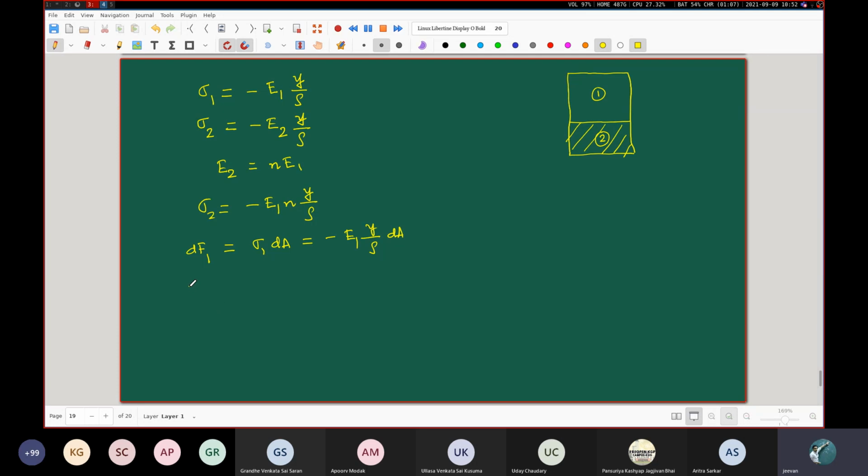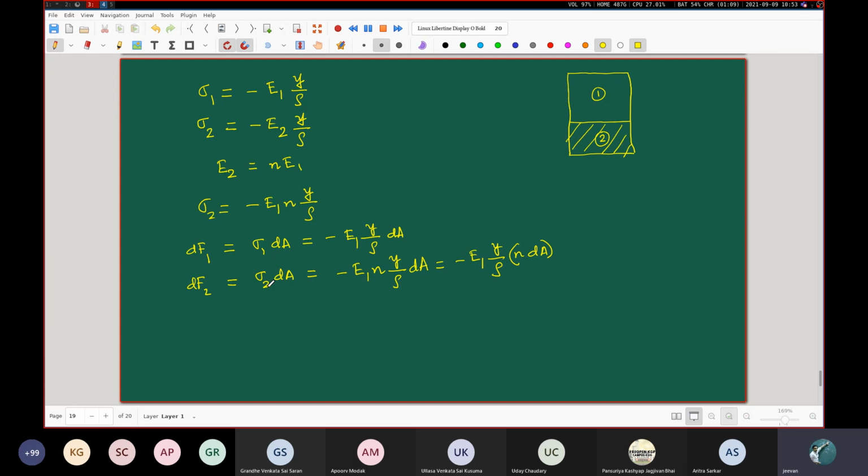Nothing special here. But for the dF2, you see the sigma 2 times dA. If I utilize this expression, something nice it will tell us. Even when I write like this, you may not realize it, but let me write it a slightly different way. Minus E1 y by rho, but now I will club this n with this dA. What is the implication of writing it like this?